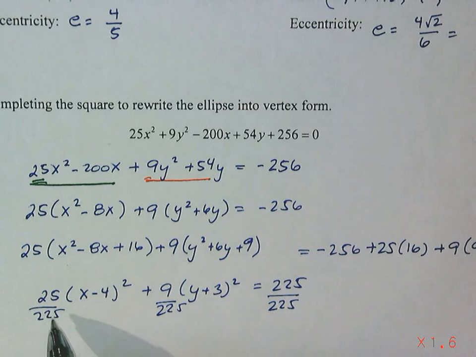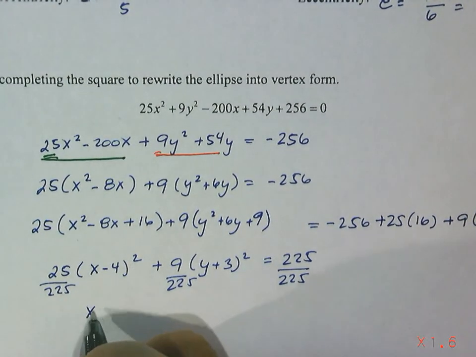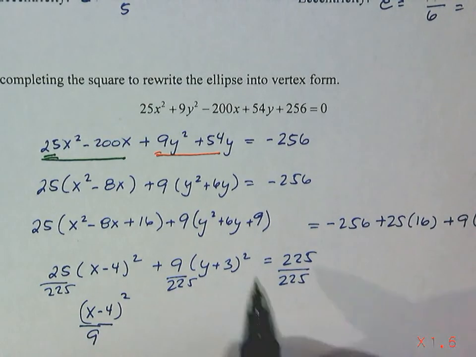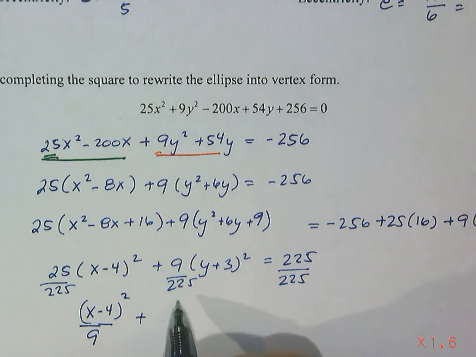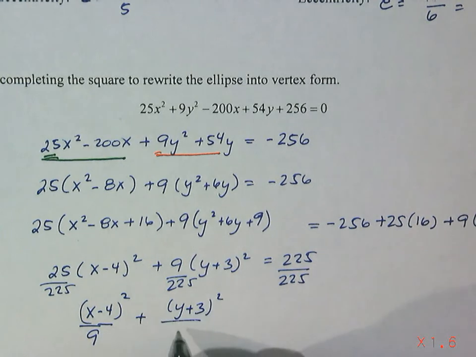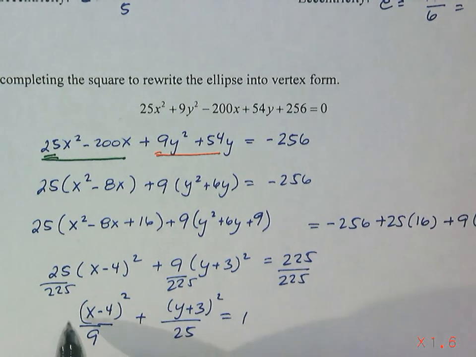When I reduce this fraction, 25 over 225, I get 1 over 9. So I'm going to get x minus 4 squared over 9. When I reduce this fraction, 9 over 225, I get 1 over 25. So I get y plus 3 squared over 25. And this side is equal to 1.